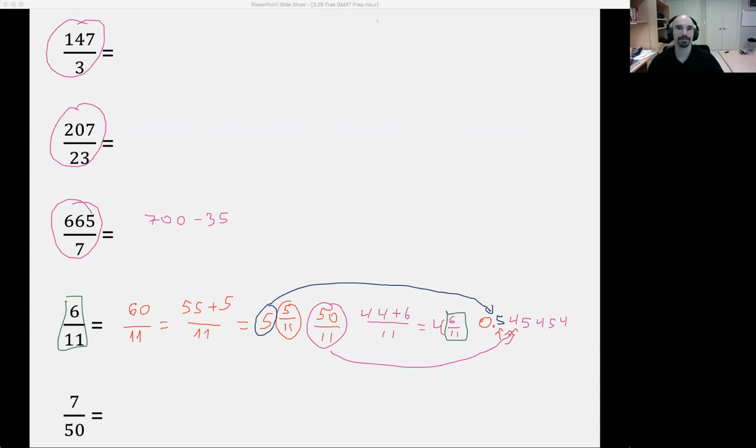7/50. I'm going to use the same trick, start a decimal, turn it into 70/50. Rewrite it as 50 plus 20/50, which is 50/50 plus 20/50, also known as 1 2/5.